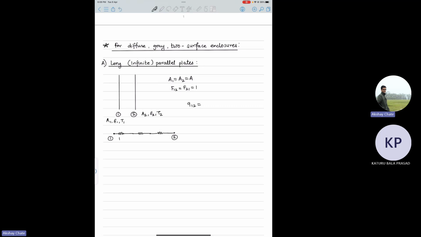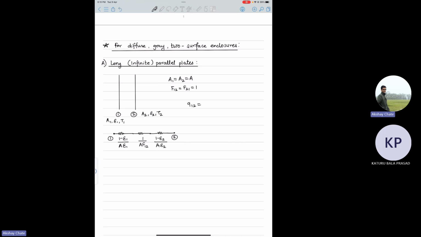So the first resistance will be (1 minus epsilon 1) by (A into epsilon 1), and due to the shape factor, the resistance will be 1 by (A into F12). I can write A1, but since we are taking A1 and A2 equal to A, I am just writing A. And then again there will be a surface resistance which will be a function of the emissivity of the second plate.